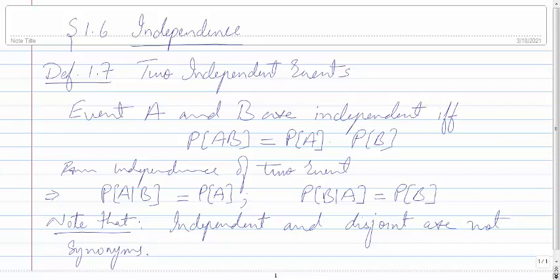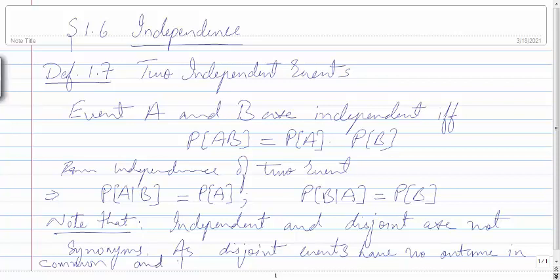So disjoint events have no outcome in common, and therefore probability in that case for AB is equal to 0.